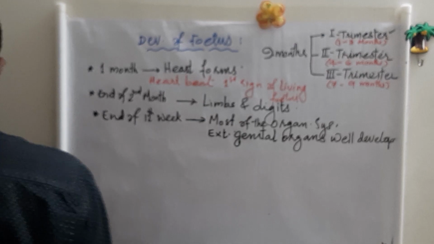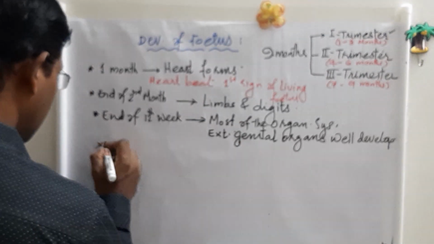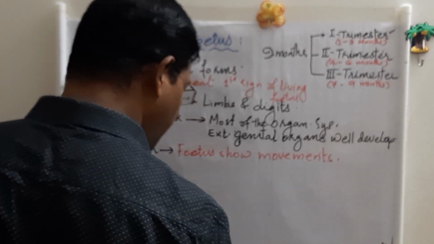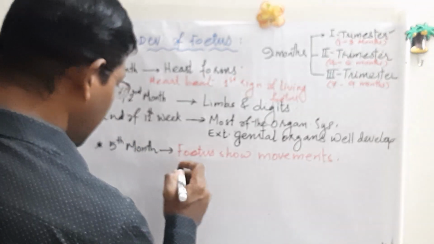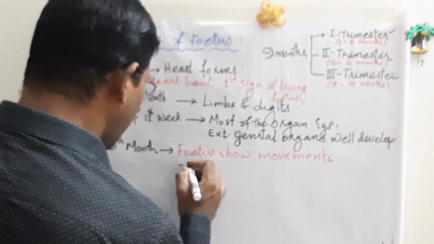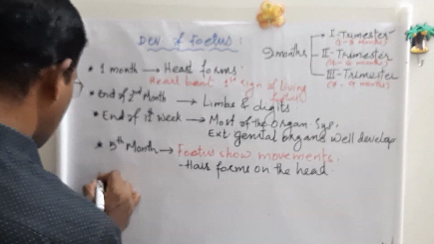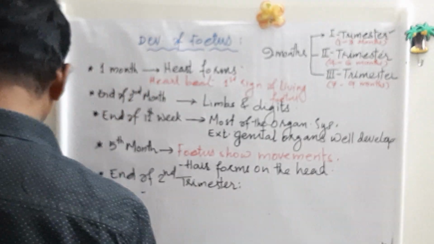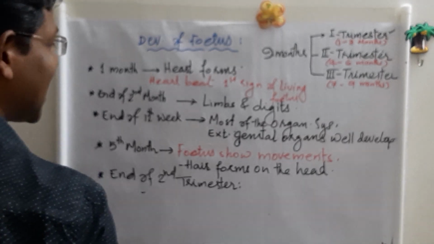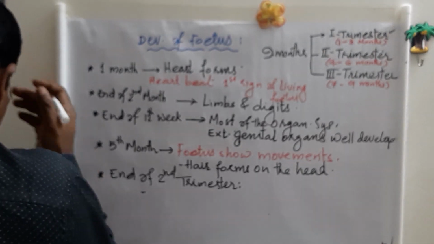And at the end of 5th month, fetus shows movement, and also at that same time, hair forms on the head. End of the second trimester, body is covered with fine hairs.